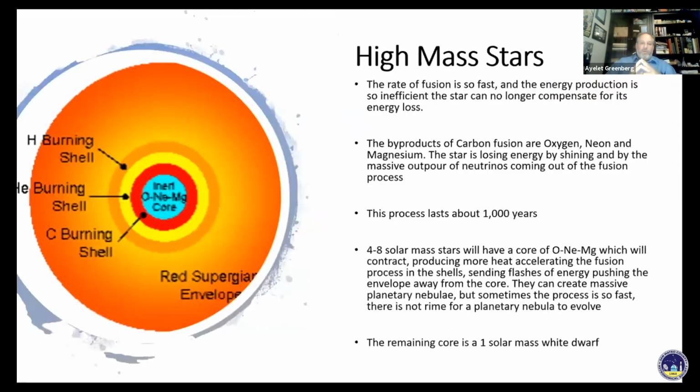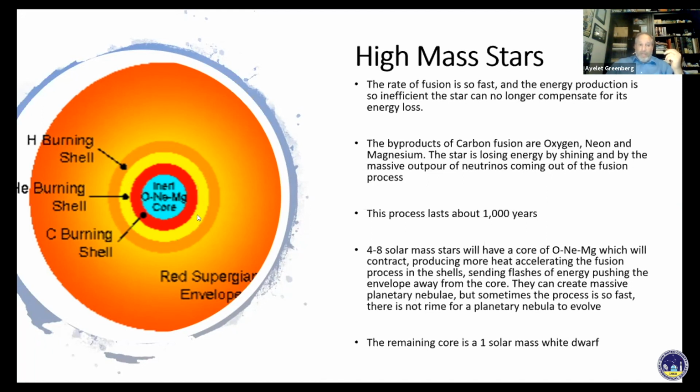At this point, the rate of fusion is so fast and so inefficient that it can no longer compensate for the energy loss for its luminosity. And the byproducts of fusing carbon and a little bit of the oxygen are producing more oxygen, neon, and magnesium. So now in this star, we're building a core that is made of oxygen, neon, and magnesium. Around it, we have a shell of carbon that is fusing.